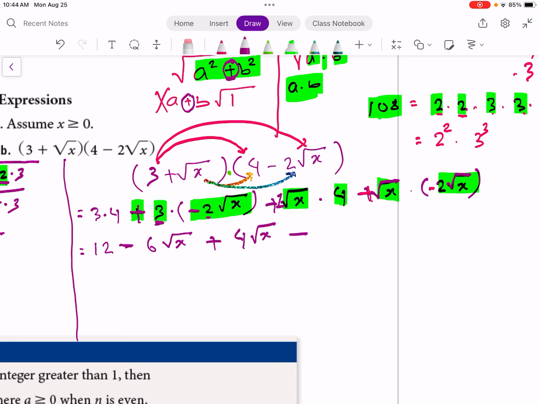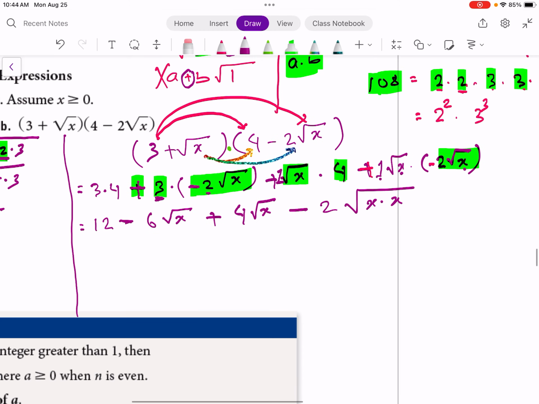They have the same index, right? So we can multiply. Let me rewrite this. We have 1 here, so 1 times 2 is 2. Now you have a square root. Now you multiply the radicand, x times x. You can multiply radical expressions together if they have a common index.